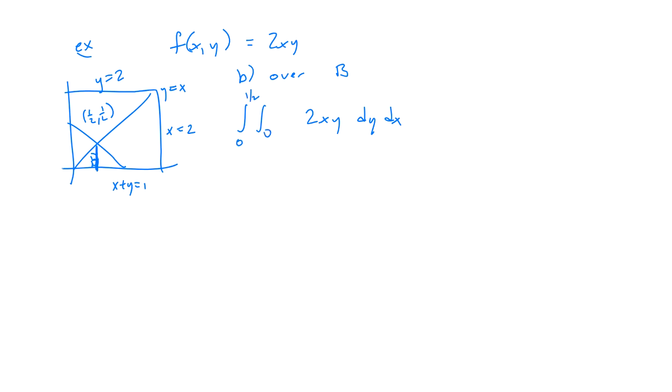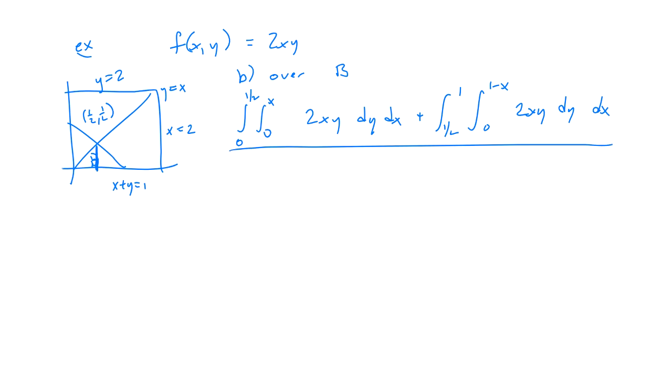To the left of the line, the top function is x, and then to the right of that, now the top function is 1 minus x. So if the smaller or the larger function changes, you have to split up the integral.